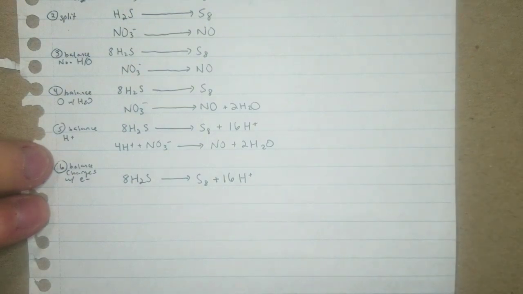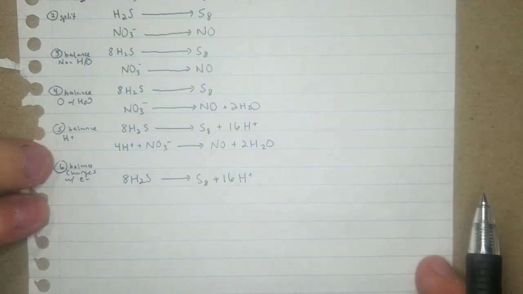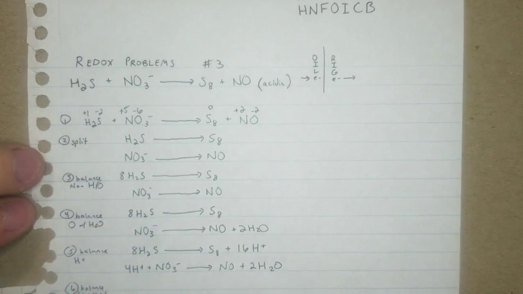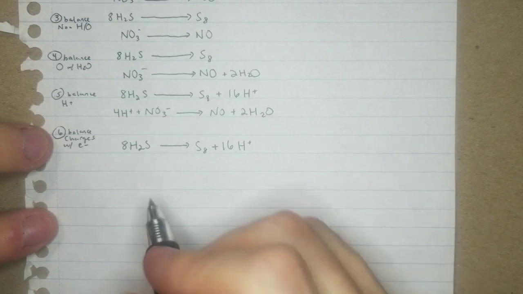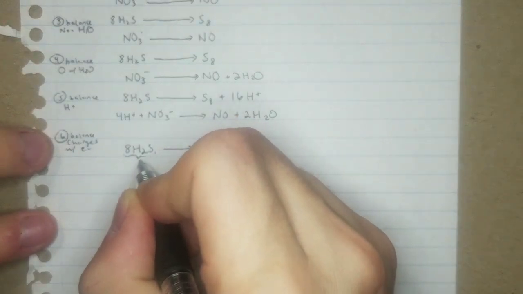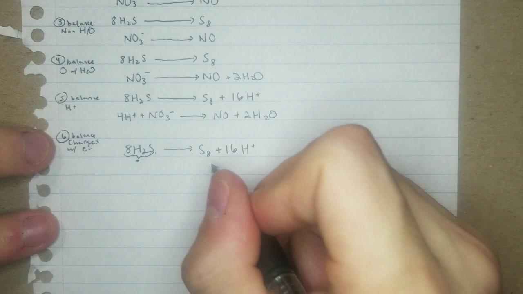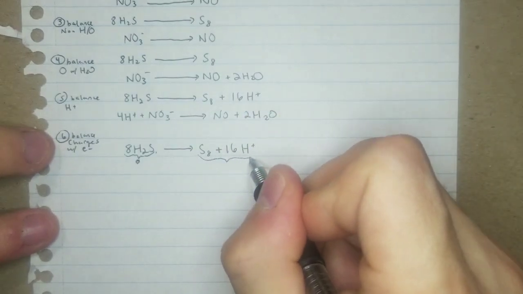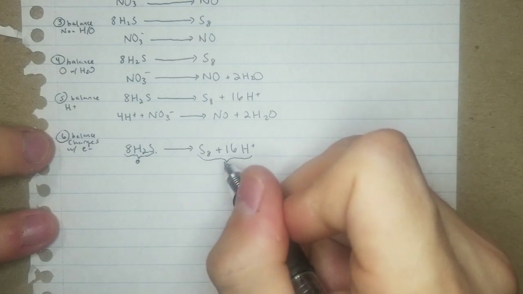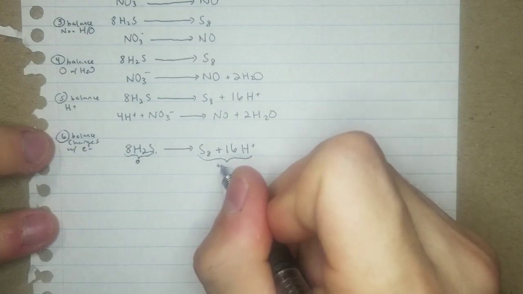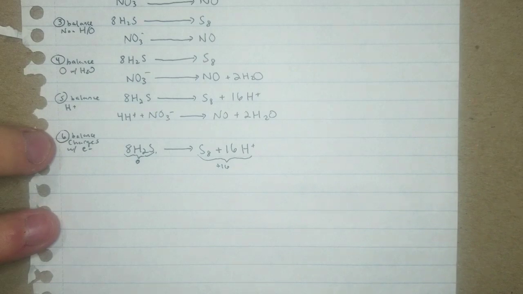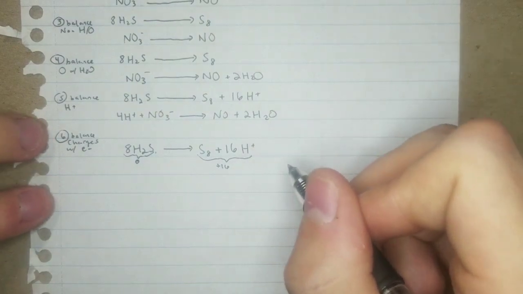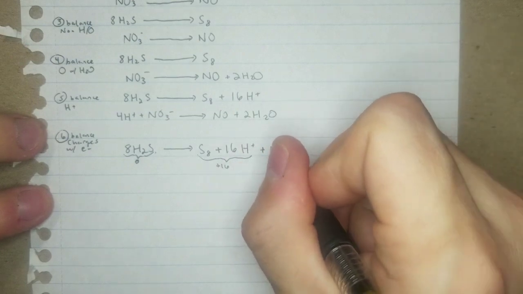So it looks like there's no net charge over here based on what we had been given at the top. There's no net charge, so we can assume that this is 0. And this is positive 16 because that S8 has no charge, and this obviously is an ion. It's a cation. So we're going to just add on there 16 electrons.